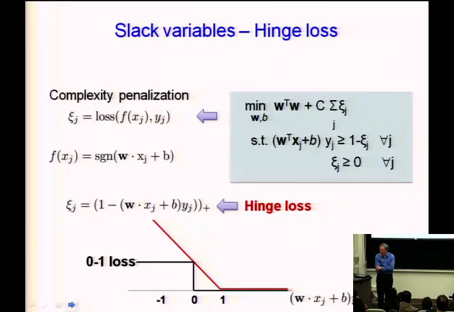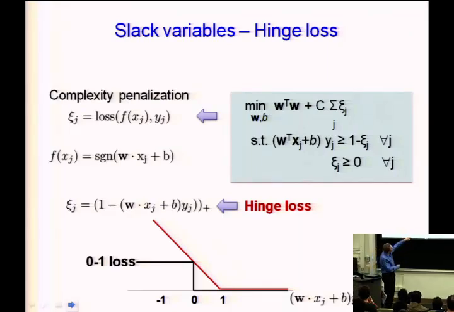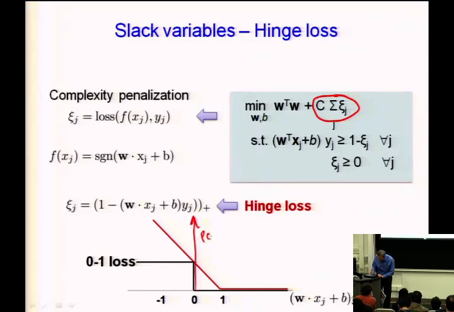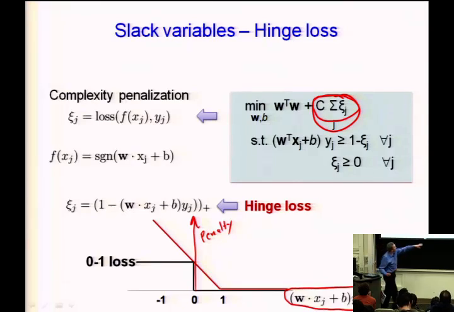So let me just leave it at this. If I plot the penalty that we're paying as we make a mistake as a function of this quantity, (wx plus b) times y, the value output by the support vector machine.